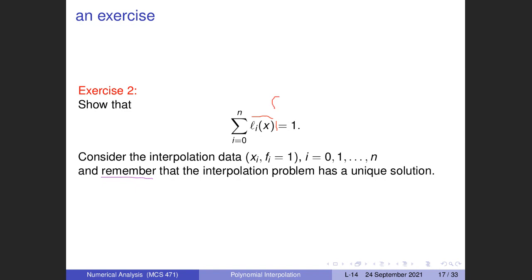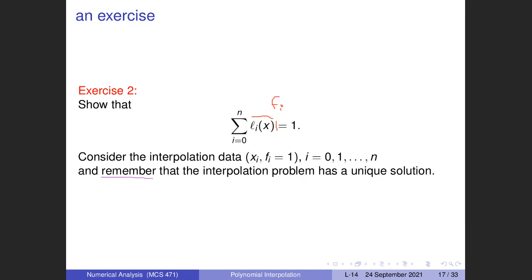So what you have to show at the left is the Lagrange interpolation form of the specific problem. So if we have to show that the sum of the Lagrange polynomials equals 1, then we start by observing that the left-hand side is the Lagrange interpolating polynomial.